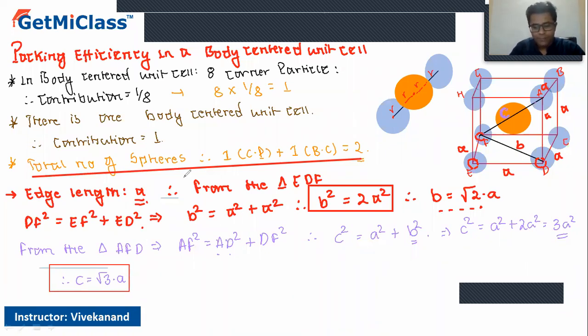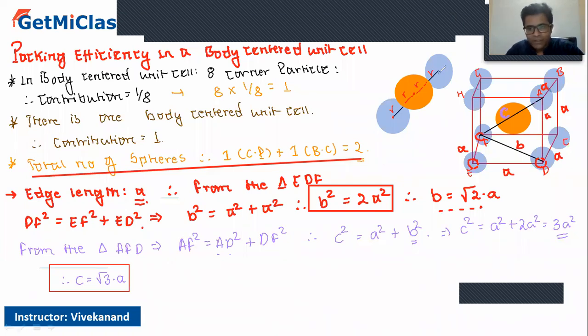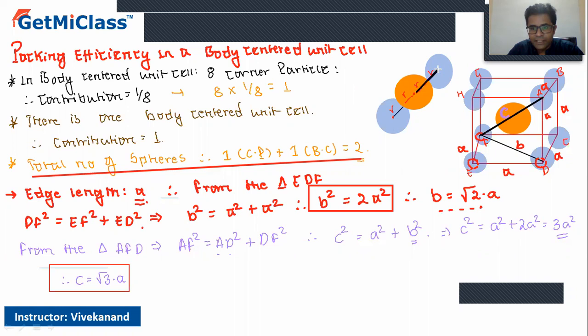Now, let's proceed further. If we observe this particular point that we have already discussed, from this particular body diagonal, which we have already taken into consideration, the value of the body diagonal is what we have got as C. But C is also equal to R plus 2R plus R over here.